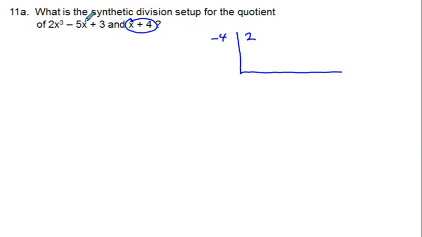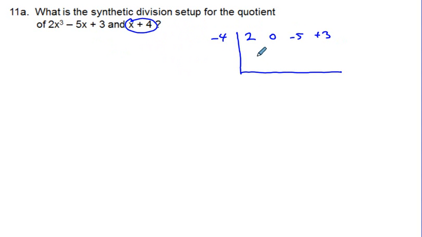And you see we don't have any x squared here at all, so that means the x squared place is going to be 0. And then the x place is going to be negative 5. And then the number place is going to be plus 3.